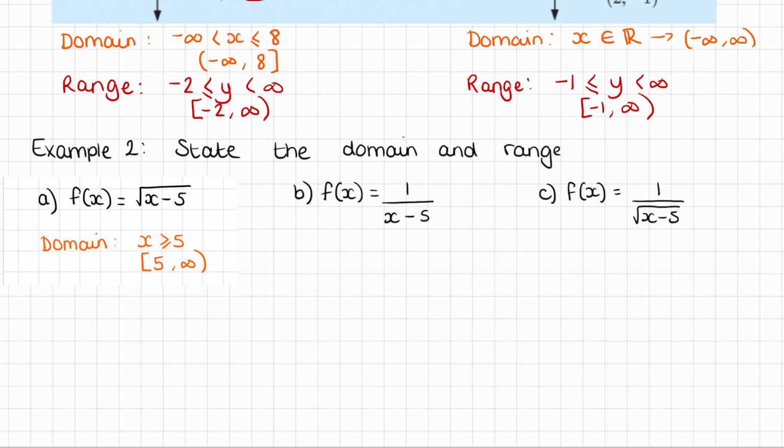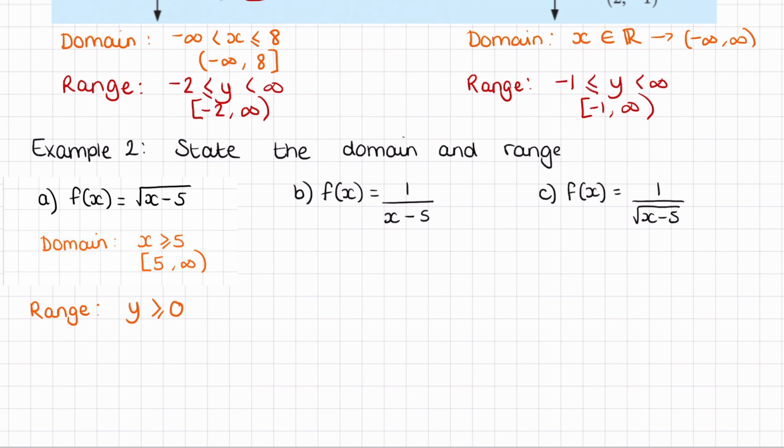Your choice. And the range of this one, now we have to think about the range. What are the possible outcomes? Now, when we square root something, the smallest outcome we can have is 0. It is possible to have 0 as an answer in this if we do the square root of 0. So in this situation, our y value, or our function, has to be greater than or equal to 0.